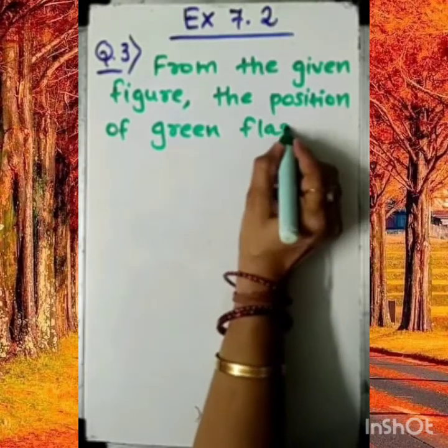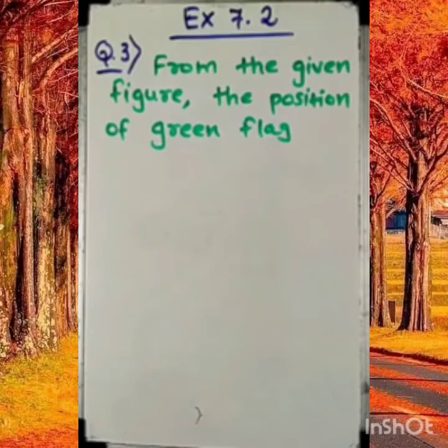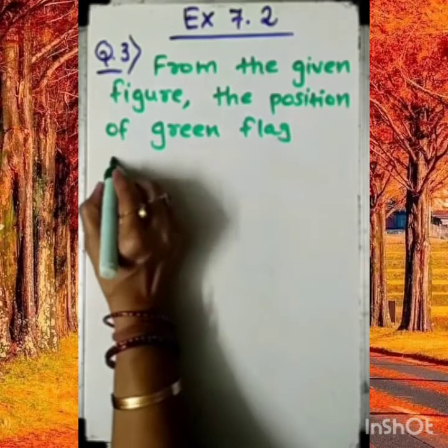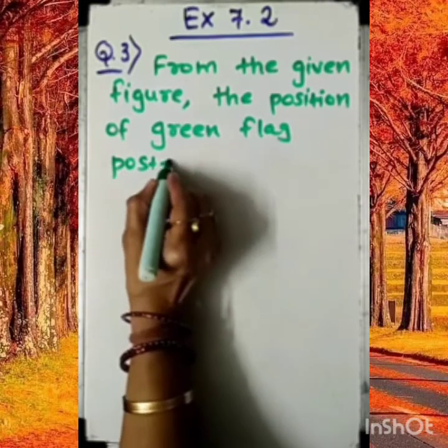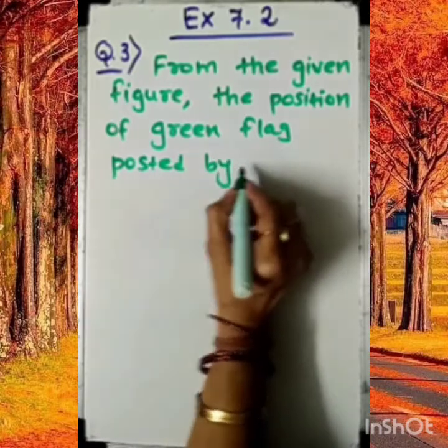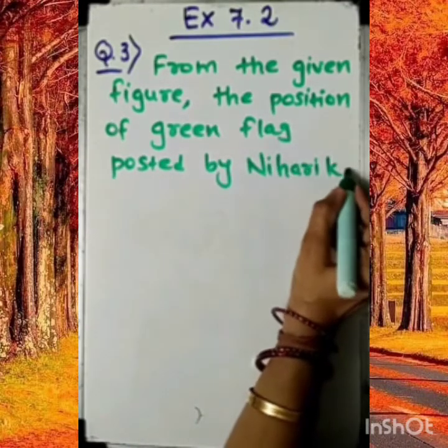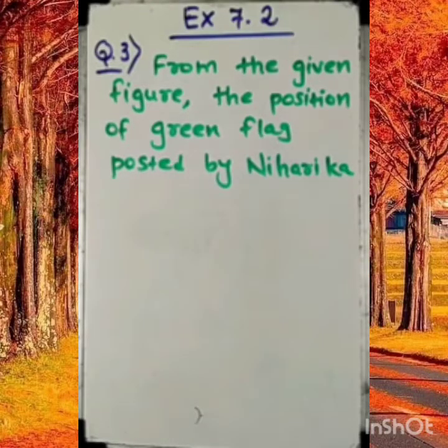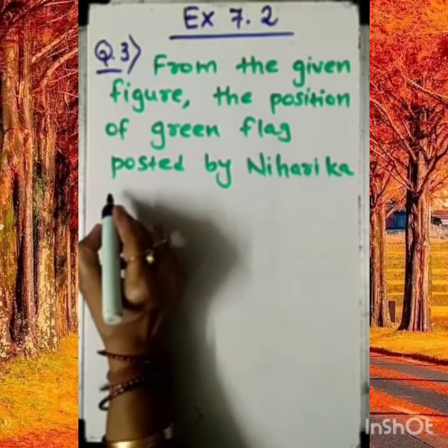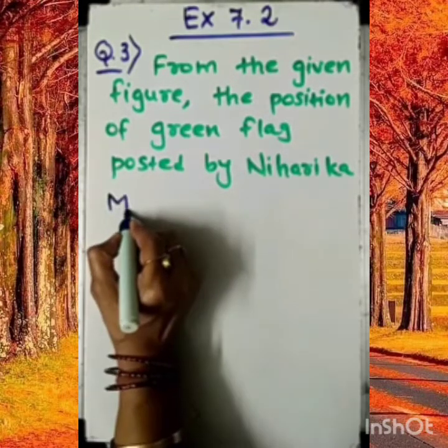According to that, if we work it out, we know the green flag has been posted by Niharika. So I am mentioning the name of the student. Niharika is here. She has posted at a point, suppose I am choosing that point as M point, and how to decide it?